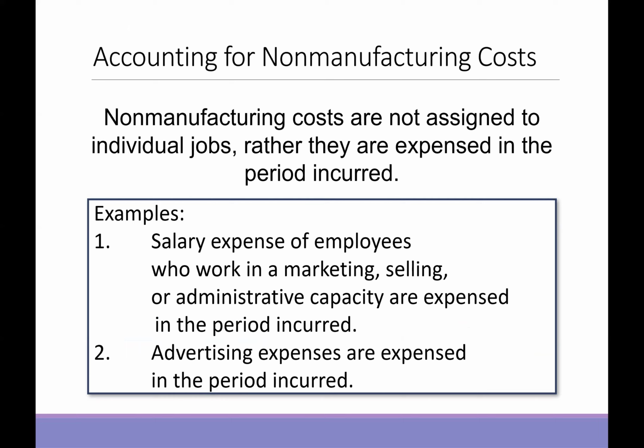Non-manufacturing costs are put right into the income statement. Salaries, expenses of employees working in marketing, selling, and admin don't go through inventory. They go right to the income statement and get expensed along with advertising. Those are called non-manufacturing costs.